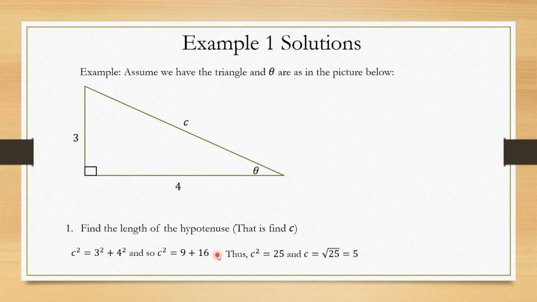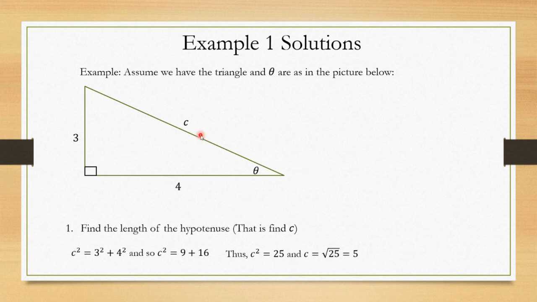So c squared is 25, and of course, that tells us that c is the square root of 25, which is 5. So that's what we get here: c is 5.